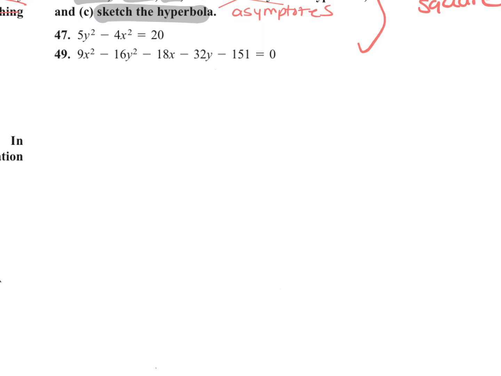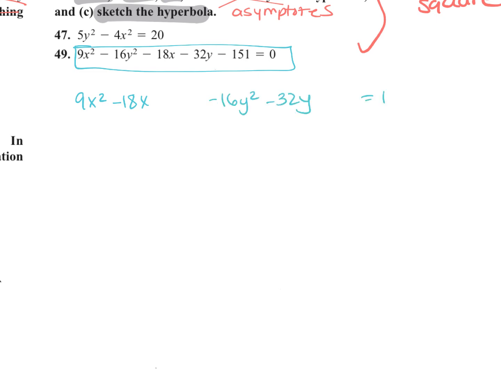All right, so I'm going to complete the square for 49. I'm going to group together the 9x squared, the 18x, and then the negative 16y squared, the negative 32y, and then I'm going to bump the 151 to the other side. I've got to get rid of those coefficients, so I'm taking the 9 out. 9 comes out, x squared minus 2x, negative 16 comes out.